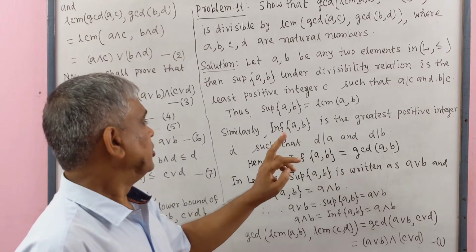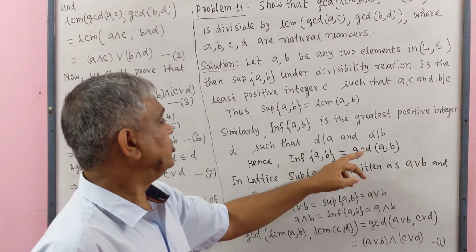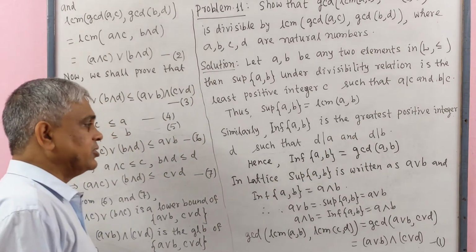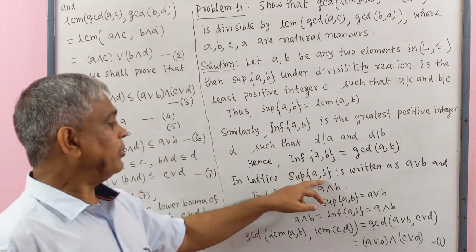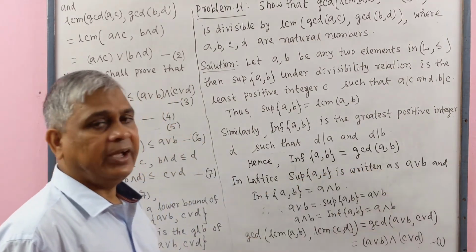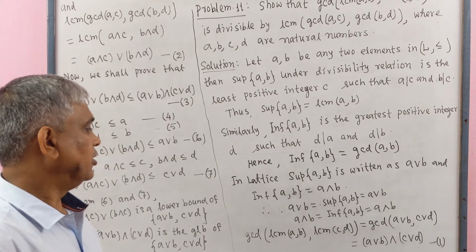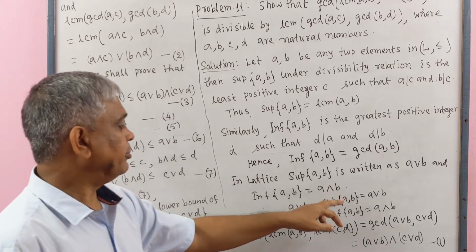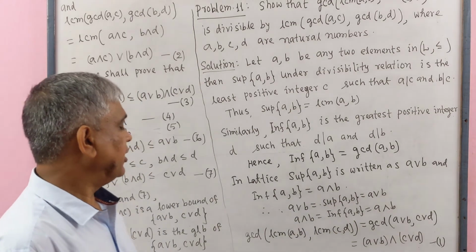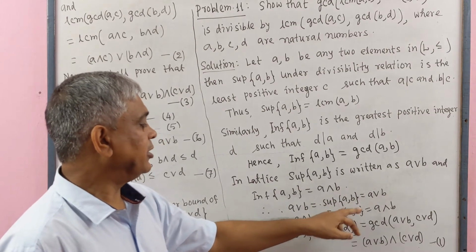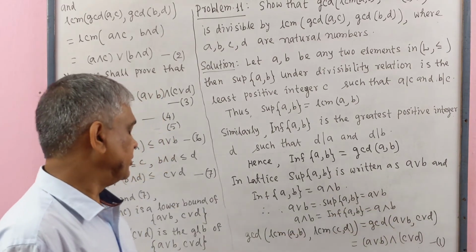So the infimum of AB is the GCD of A and B. In a lattice, the supremum of AB is written as A join B and the infimum is written as A meet B.